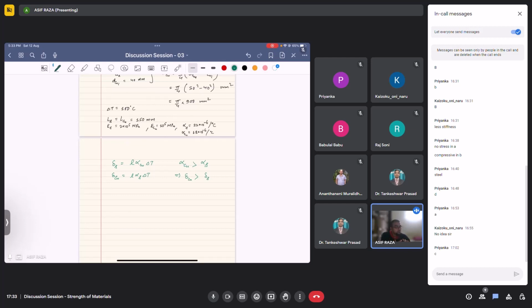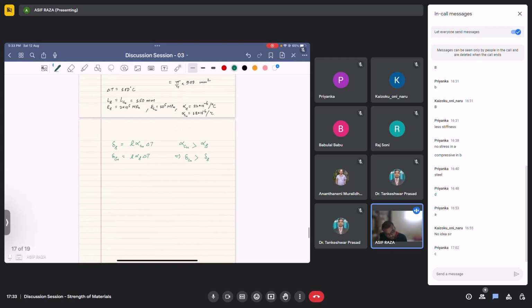It won't be allowed to expand freely, and steel, since it has a lesser coefficient of thermal expansion, would elongate a bit less. But because of the composite nature, steel would be forced to elongate a bit more. So the exact extension would be somewhere between these.